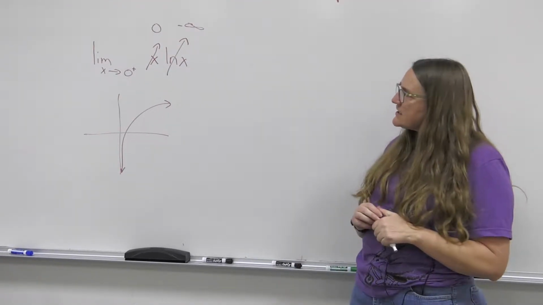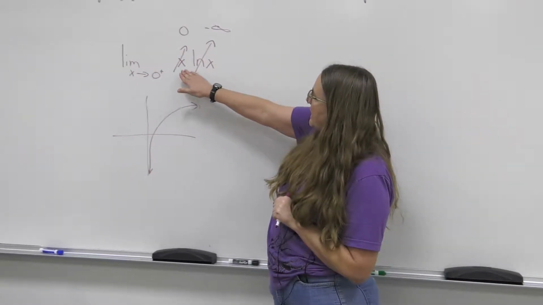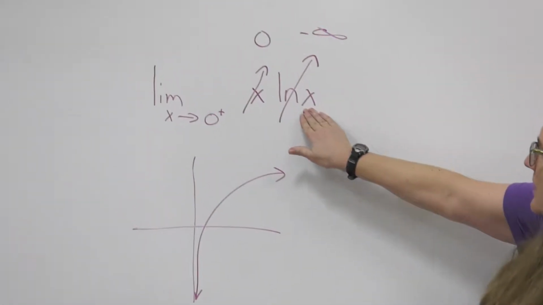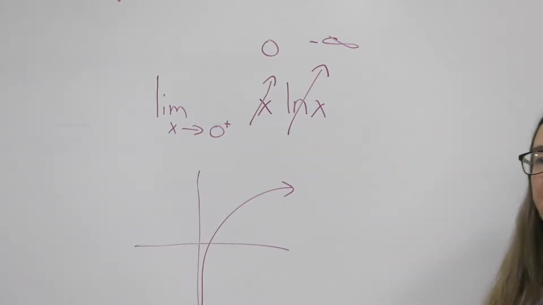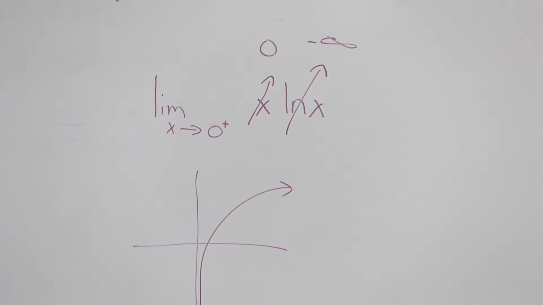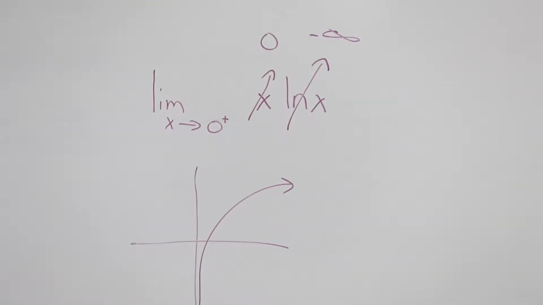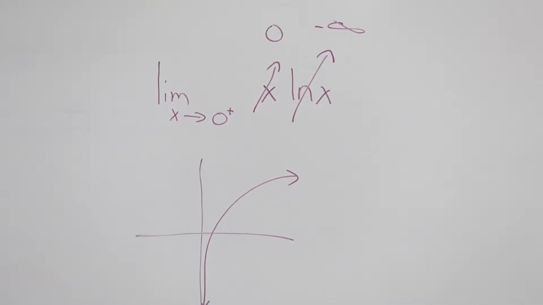And here's the key. If I look at x times the natural log of x, I'm multiplying two things together. Multiplying by something is the same as dividing by the reciprocal of that thing. So I have two options for how I could rewrite this.